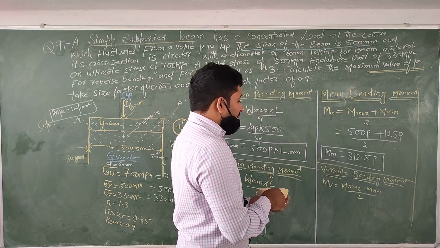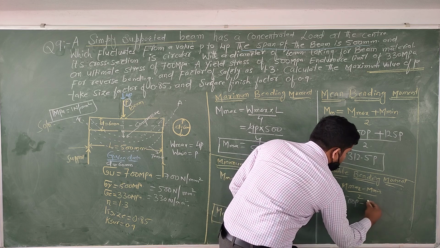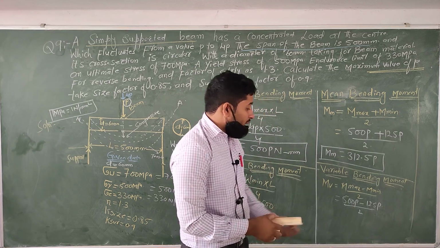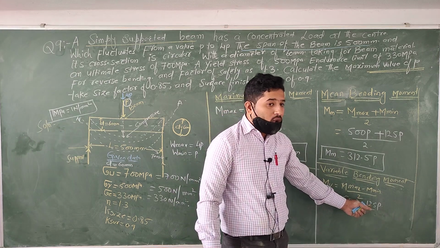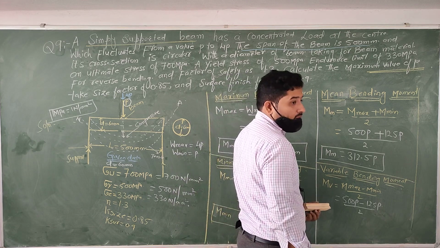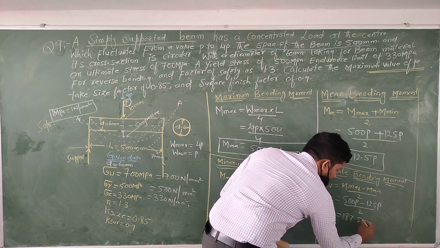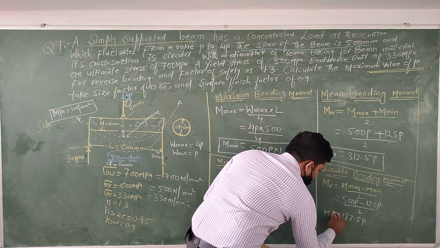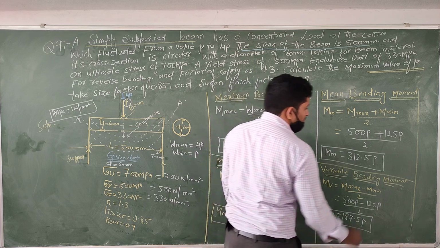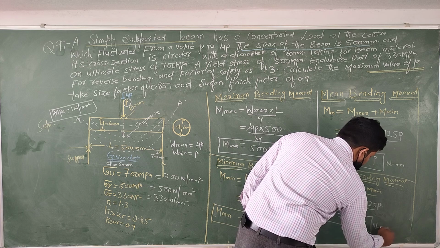M max is 500P minus 125P, by 2. If you subtract 500 minus 125 by 2, you will get 187.5. Is it right? 187.5, and the remaining is P. That is the value of Mv. But what will be the unit? The unit here is Newton mm, and here Newton mm.